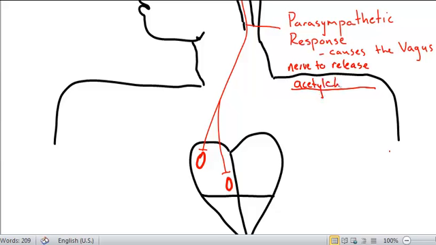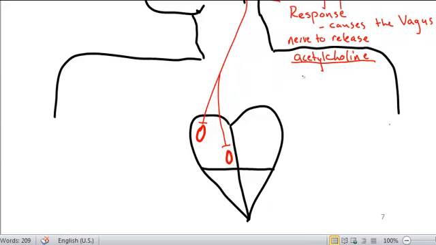Sorry, acetylcholine, not the enzyme, acetylcholine. So it causes the nerve to release acetylcholine, and the SA and AV node to decrease activity and thus heart rate.